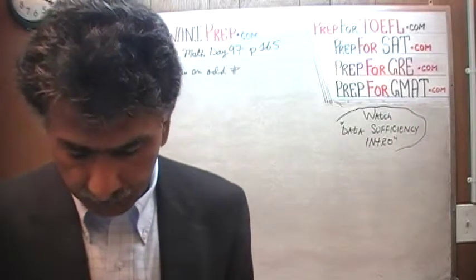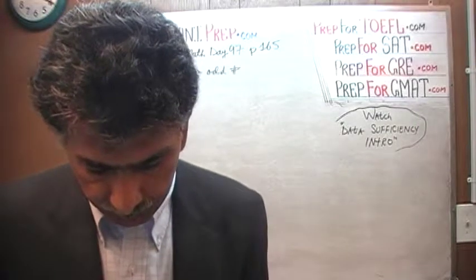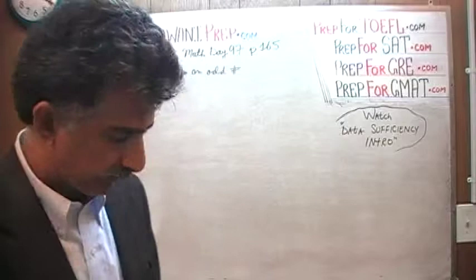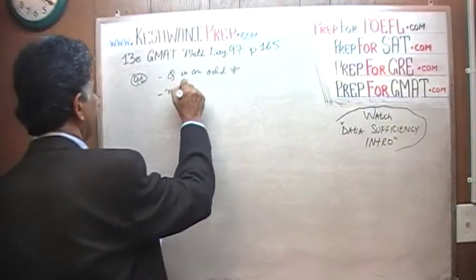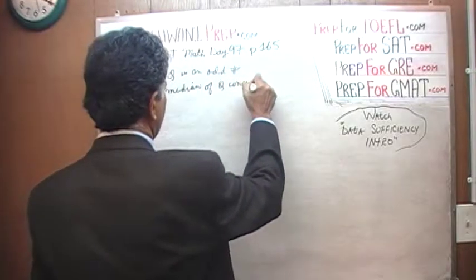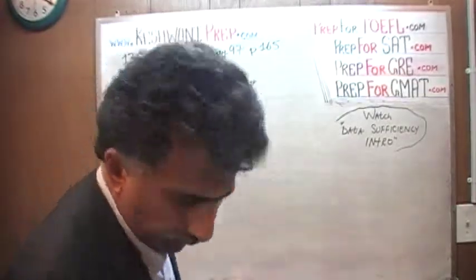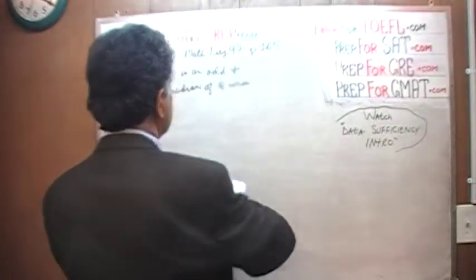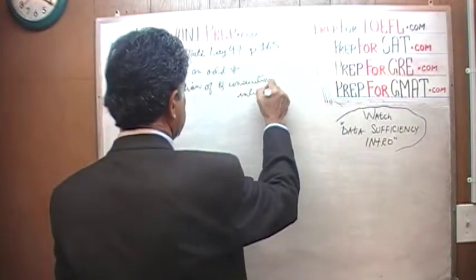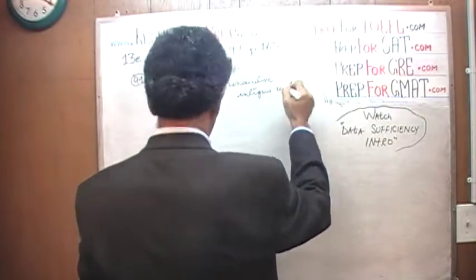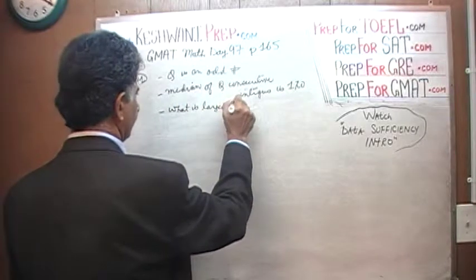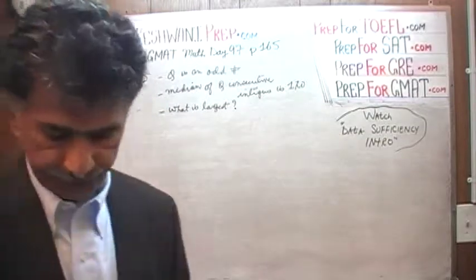And then we are told that the median of q consecutive integers is 120. The question simply is, what's the largest of them?